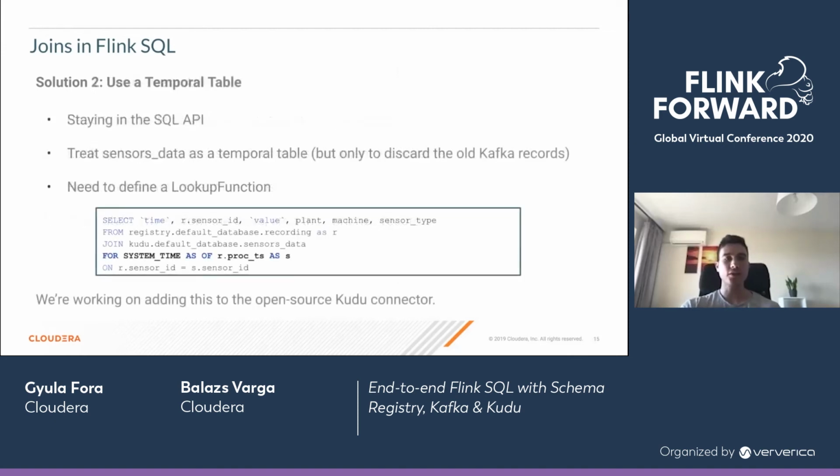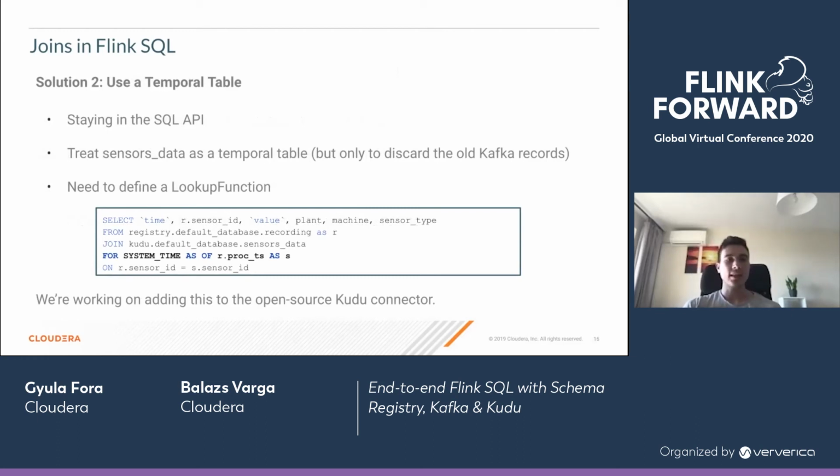And the other solution is to use a temporal table, which is a bit of a workaround because temporal tables are usually used for data that has some kind of time component, and the concept of a current version or latest version of a table. But this approach will work very nicely for our use case as well.